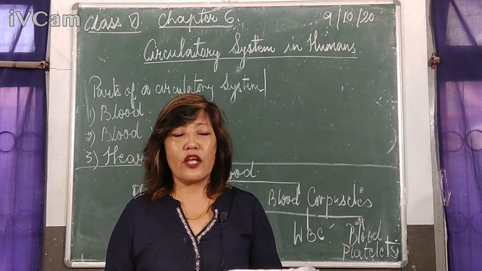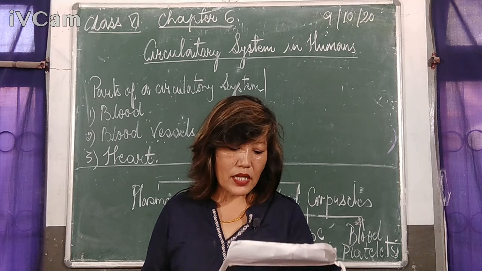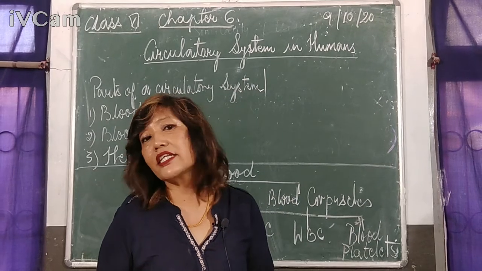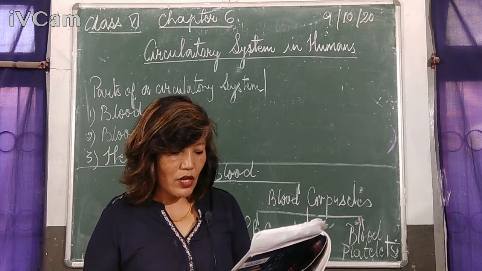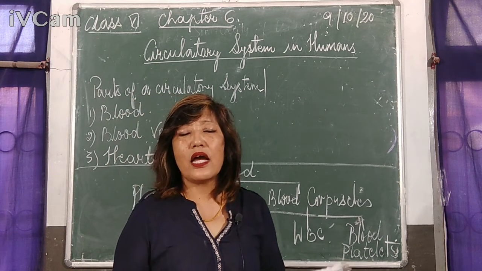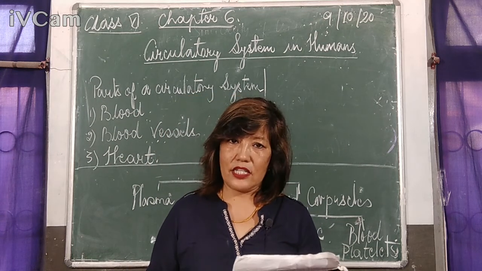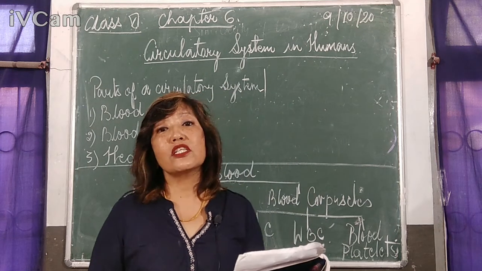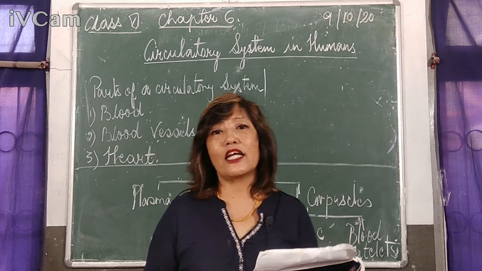So color, if you compare the color of these three blood components, then red blood cells are red in color due to the presence of hemoglobin, and white blood cells and blood platelets are colorless due to the absence of hemoglobin.